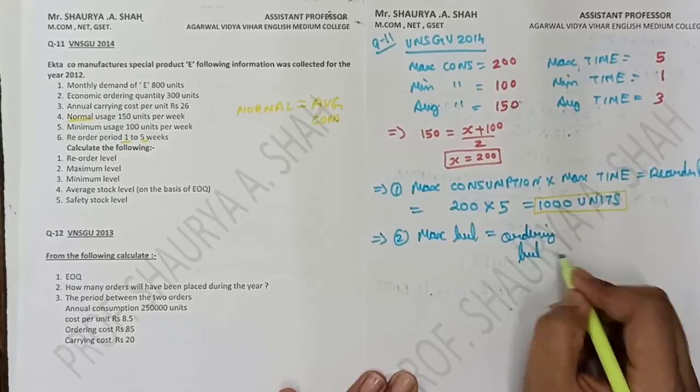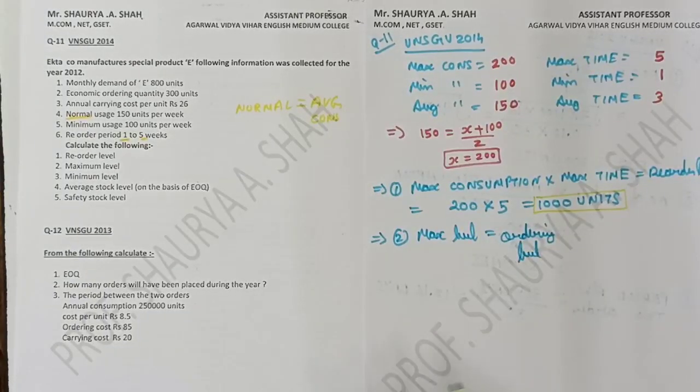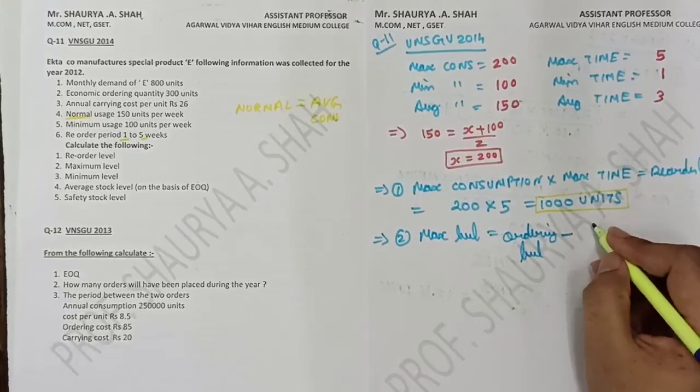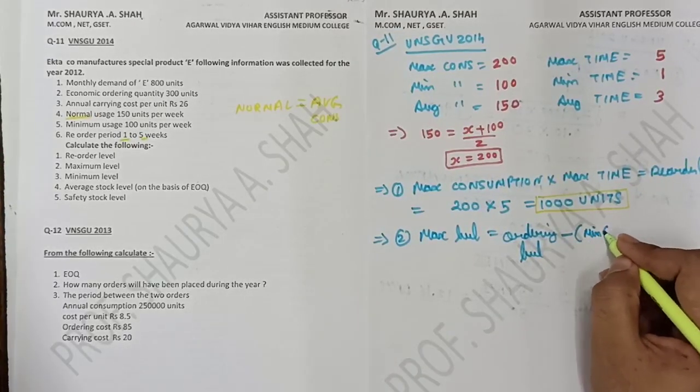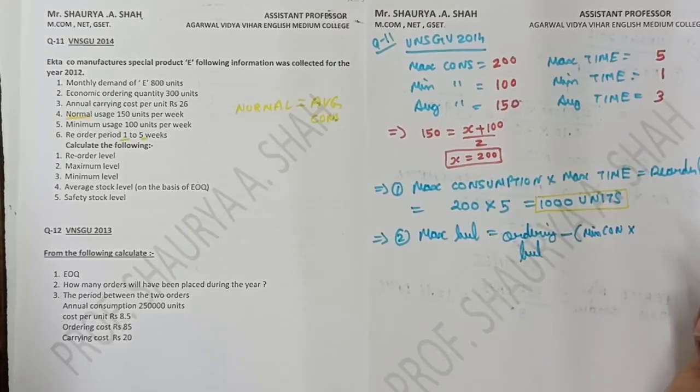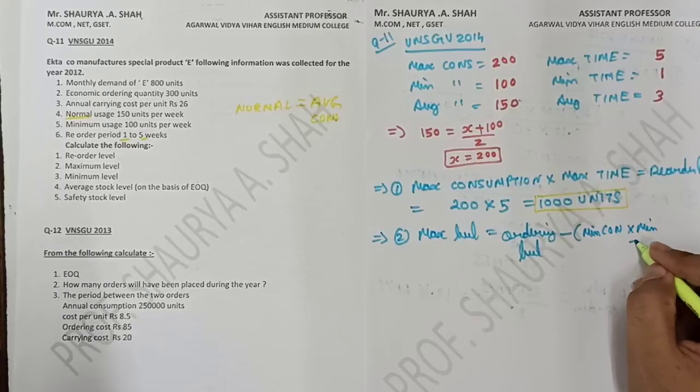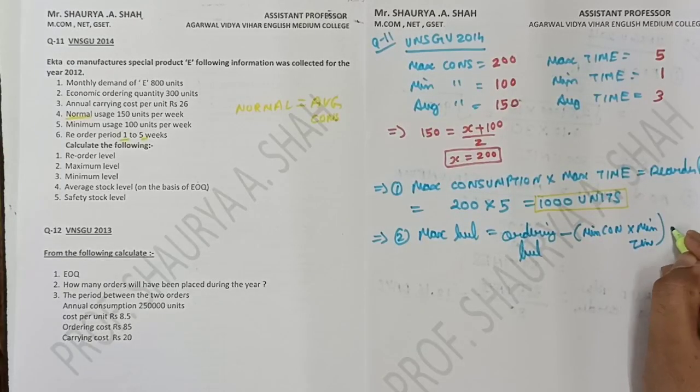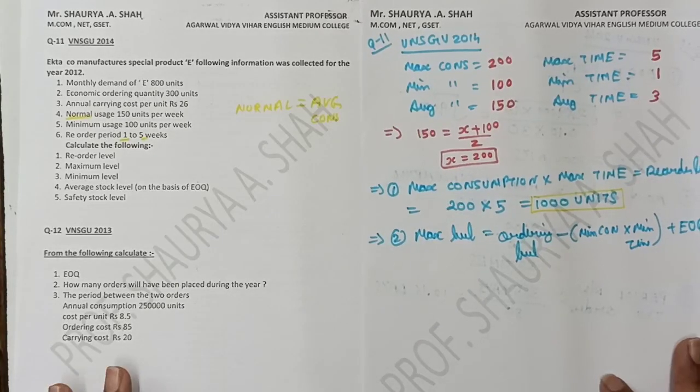Ordering level minus minimum consumption into minimum time plus EOQ, right? Remember the formula, that is minimum consumption into minimum time plus EOQ.